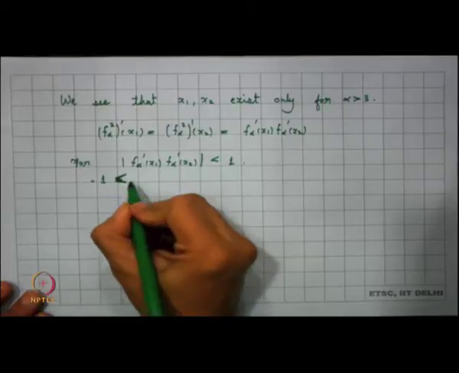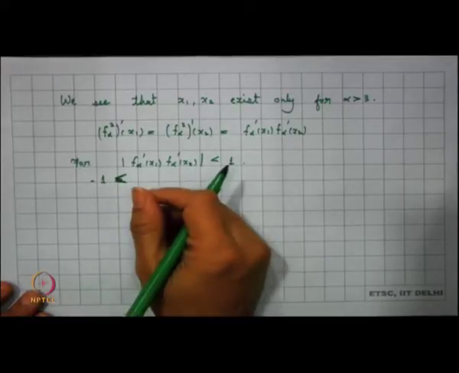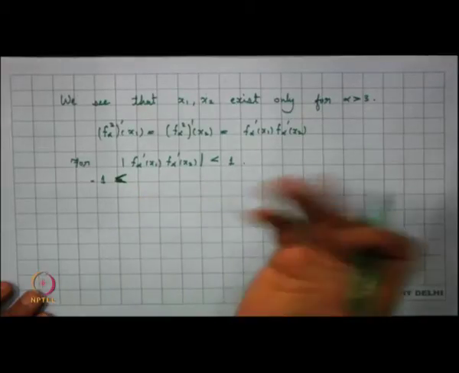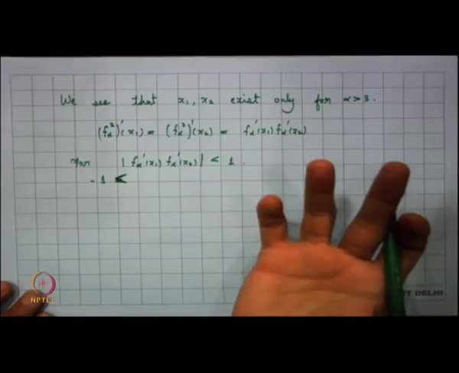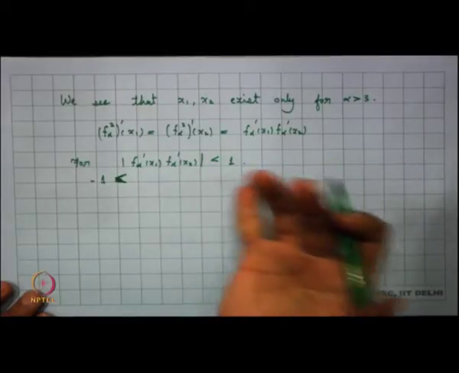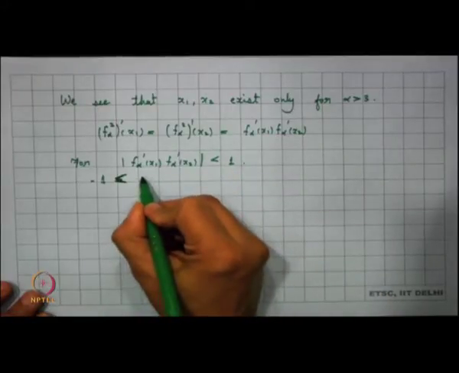Now I am multiplying the two, and we know what the derivative is here. The derivative turns out to be alpha times 1 minus x minus alpha times x, so I can take alpha common.